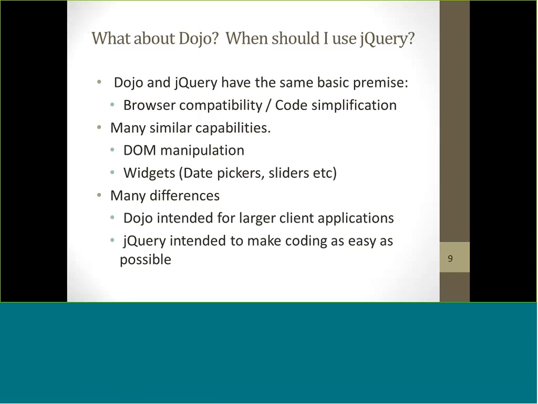Well, IBM used Dojo to build the XPages framework as a web-based capability. So the ability to do date pickers, partial refreshes, and all of the functionality that we get out of a web page out of the box with XPages is part of the Dojo framework.